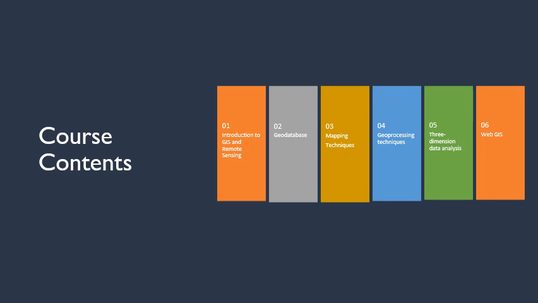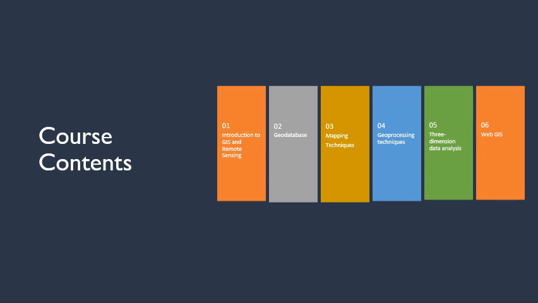And the fourth part is some geoprocessing techniques which are very important from the viewpoint of your spatial analysis, like buffering, intersection or clipping. So the fourth part will cover this section. The fifth will talk about some 3D analysis.